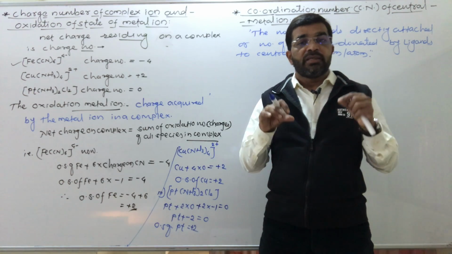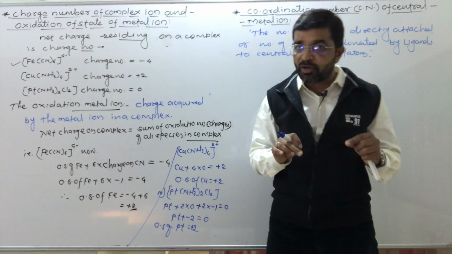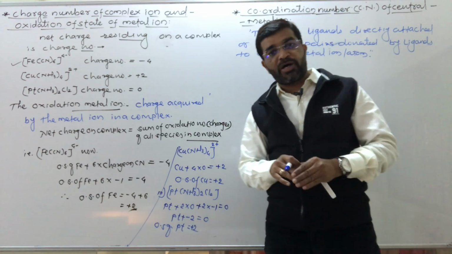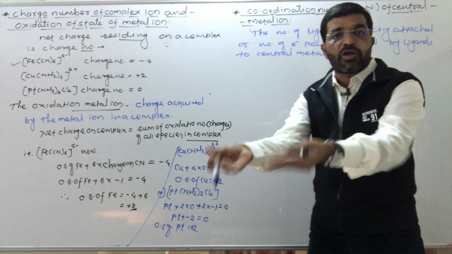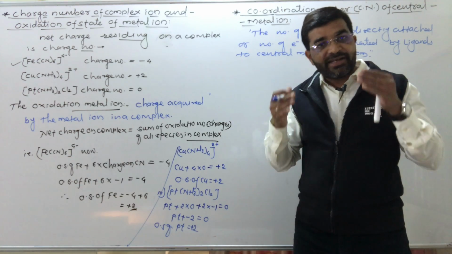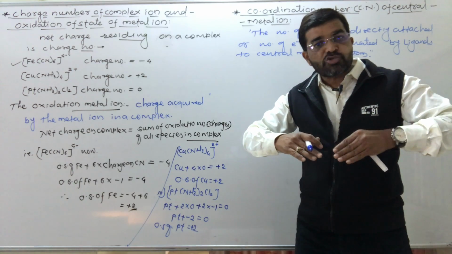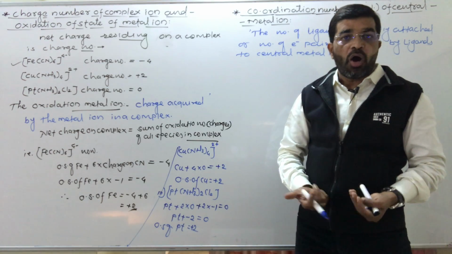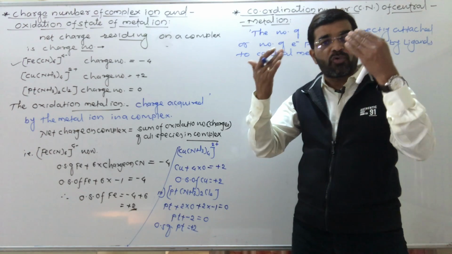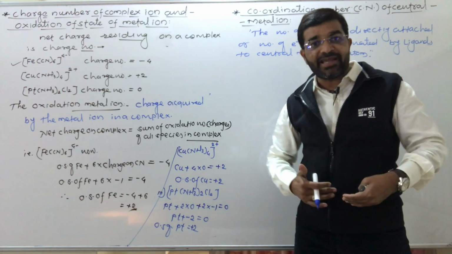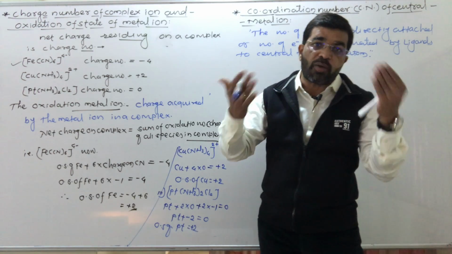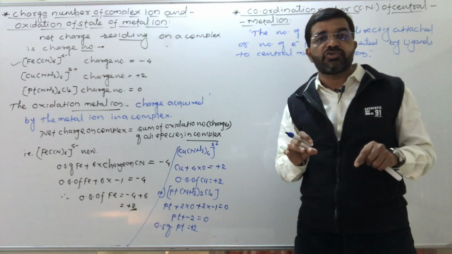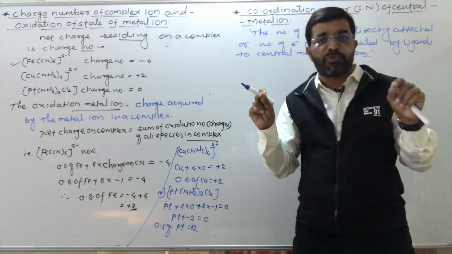Because they have vacant d orbital in their outermost shell, and in the formation of coordination compound we know ligands donate electron pair to central metal atom. And the central metal atom has vacant orbitals to accept the electron pairs donated by ligands, and therefore they have tendency to form the complexes, while s block element and p block element have no tendency to form the complexes except few metals.